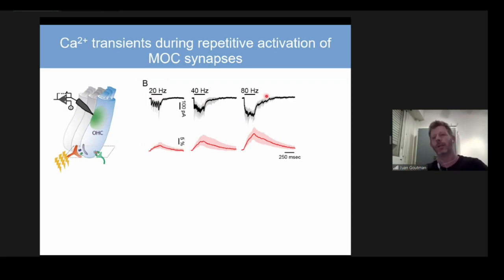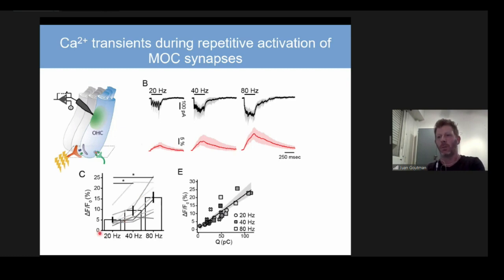These fibers can fire at over 100 hertz in a physiological context. As you can see, the calcium transients grow larger the higher the frequency of stimulation, which we quantify here as delta F over F. There is a correlation between the change in fluorescence and the integral of these currents, so there's no saturation of the dye or anything that could prevent these measurements.